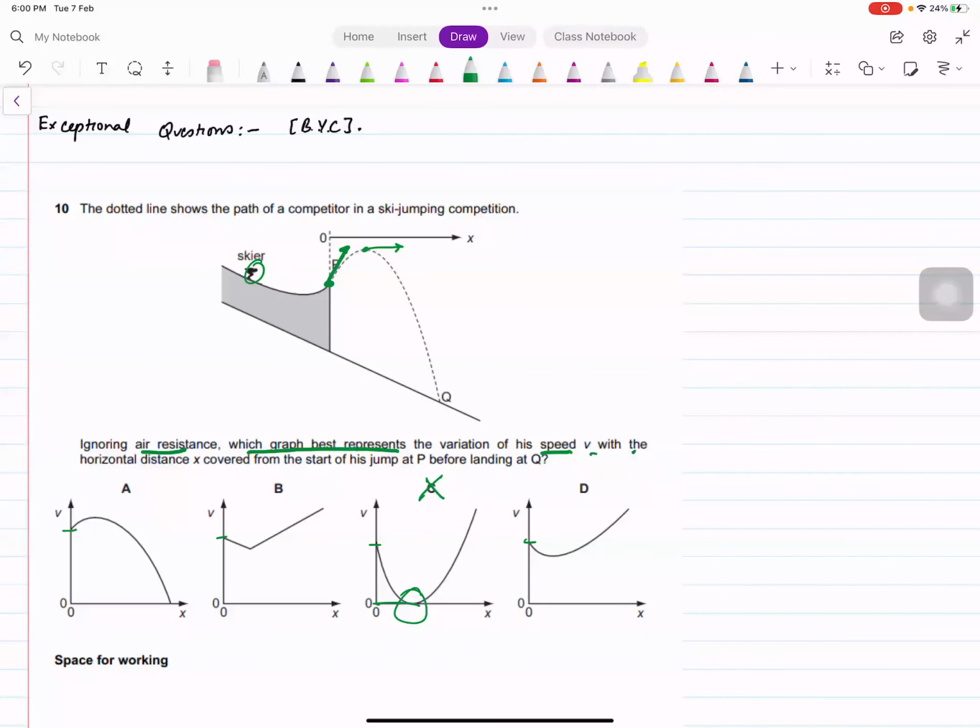Then, if that is the case, as the displacement is increasing, should the velocity, now if you look at the other graphs, they're showing us a sort of connection, which means it's showing us a downward curve. So it's showing that velocity increases, the resultant velocity increases to the top, and then it starts to reduce.